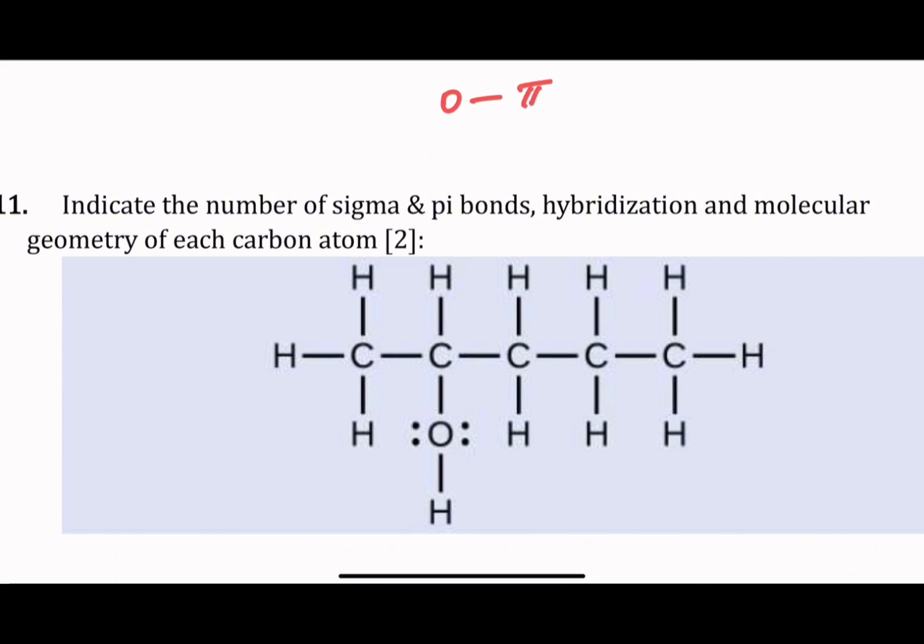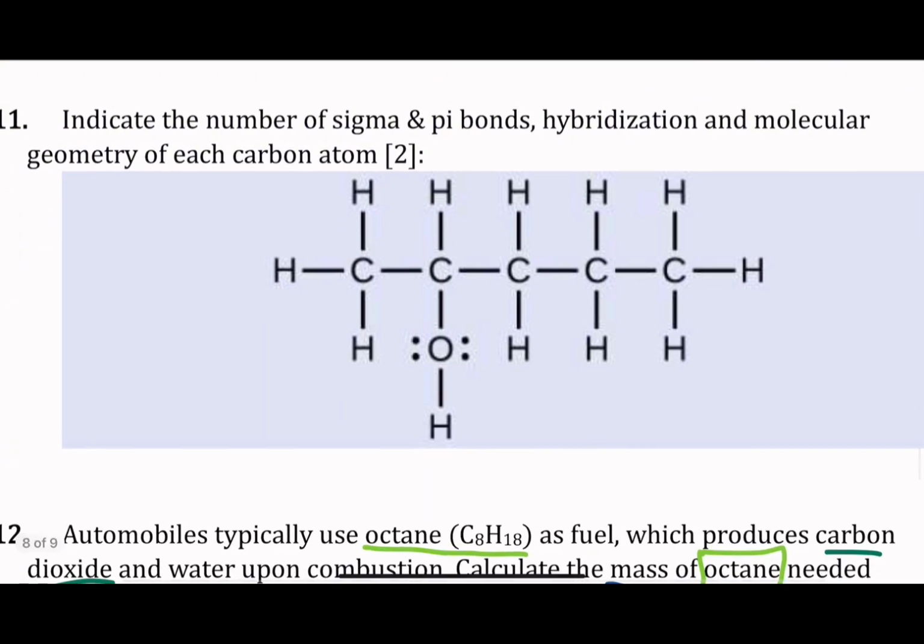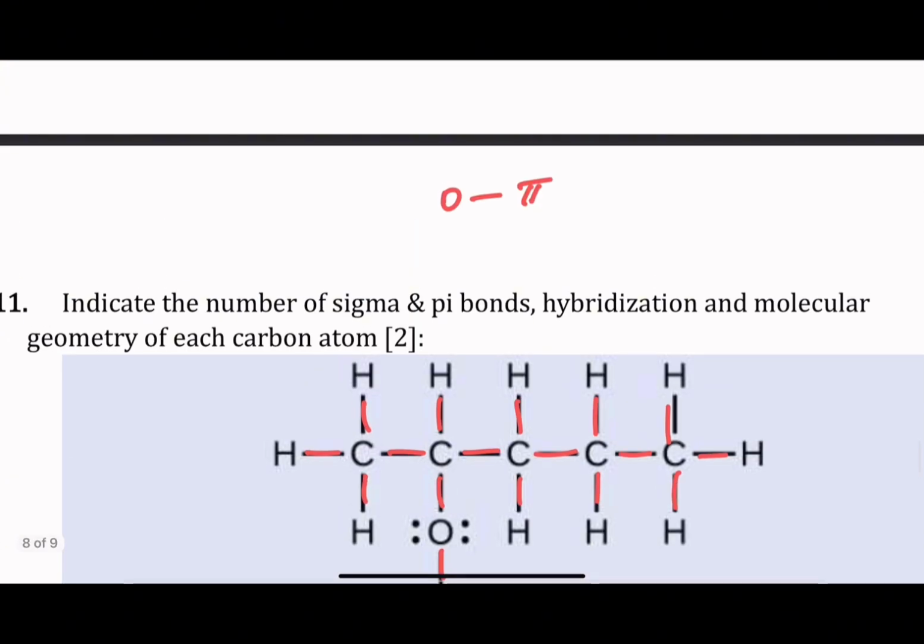This is straight up. And then we're just going to count literally the number of bonds we have and say that it is the number of sigma bonds because they are all single. So 1, 2, 3, 4, 5, 6, 7, 8, 9, 10, 11, 12, 13, 14, 15, 16, 17. So that means we have 17 sigma bonds.